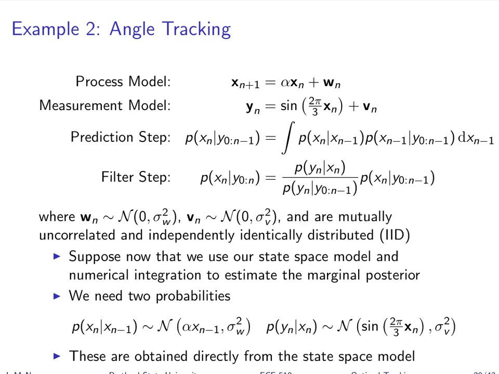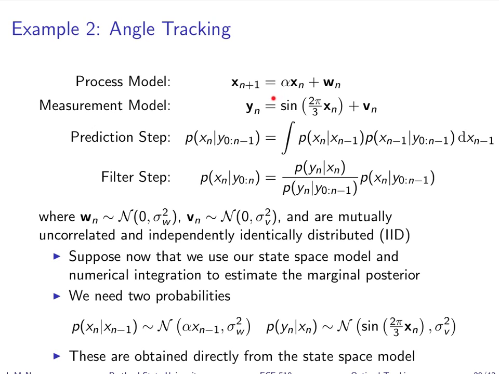And that value of alpha is usually chosen as a value between 0 and 1, not including those extremes. If alpha was 0, this would just be a white noise process, and you'd basically say I have no information about how the state changes over time. If this was 1, it becomes a random walk process, and I'll say more about all this again later. So if you're not catching all this, I'll come back to it and say a lot more. But since this came up in this example, I wanted to spend a little bit of time explaining it.